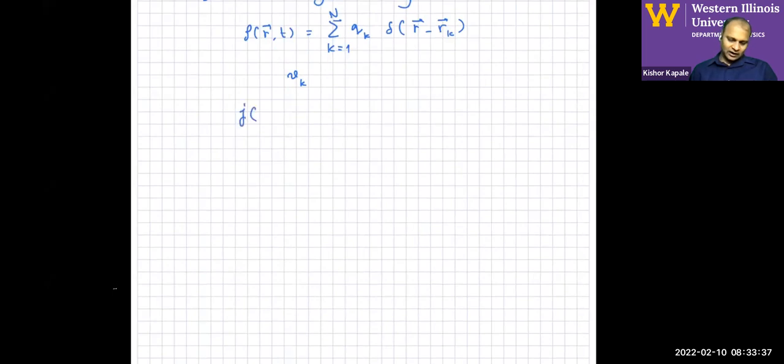Then you can write down the corresponding current density as the sum from k equal to 1 to N of q_k v_k times the delta function of r minus r_k. Everybody with me so far?